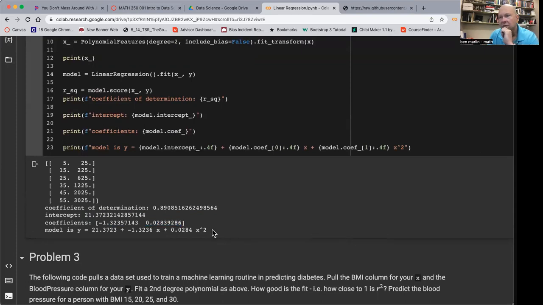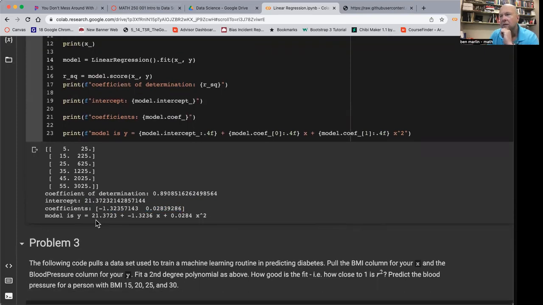So the fit that we end up with is going to be y equals 21 point something minus 1.3 times x plus 0.03-ish times x squared. That's what we've got. And then if you needed to plug in an x value, you literally would just plug in the x value and calculate.